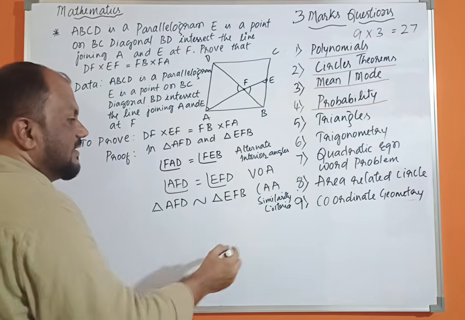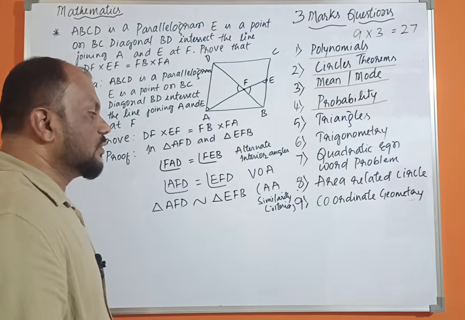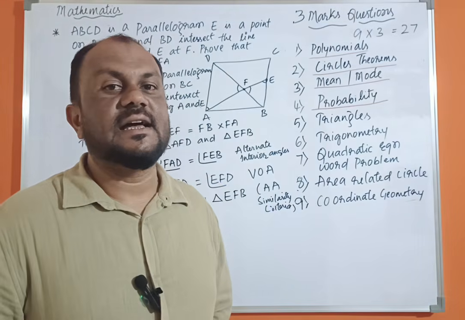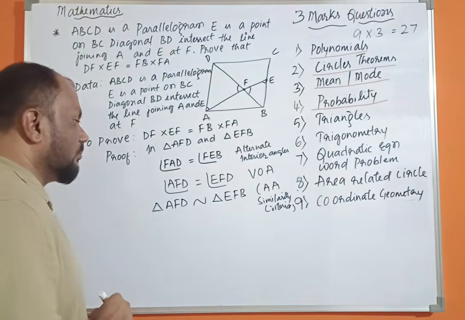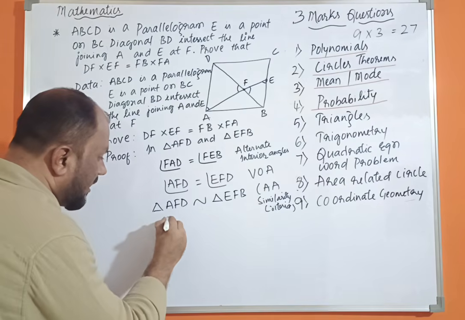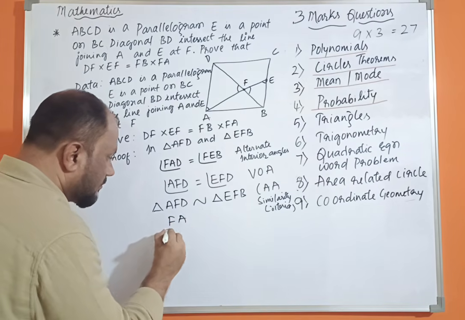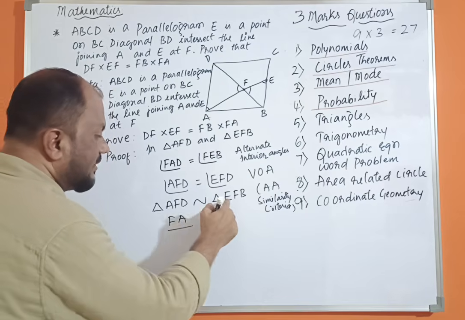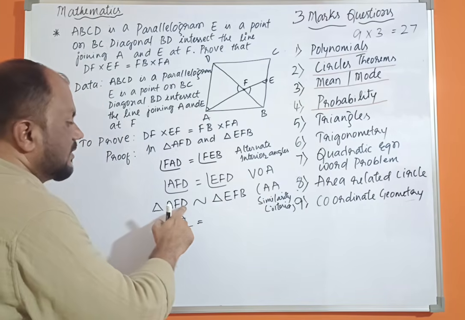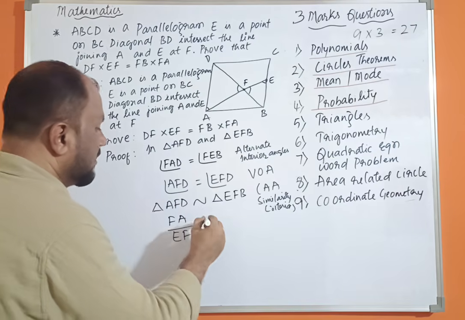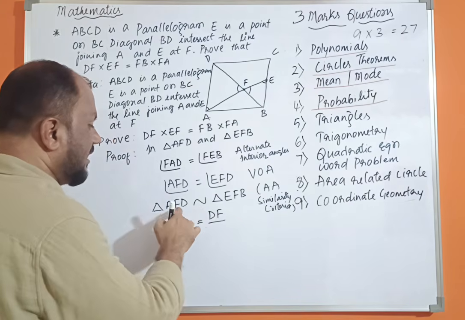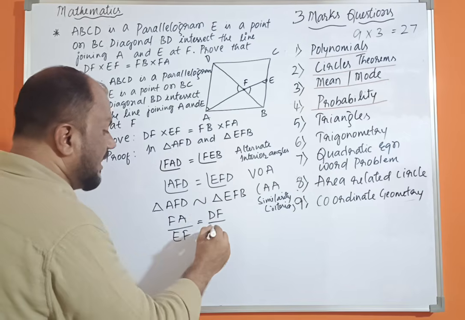AA similarity criteria. Reason: we all know that if two triangles are similar, then their corresponding sides are in the same ratio. Now I take FA divided by EF is equal to DF divided by FB.